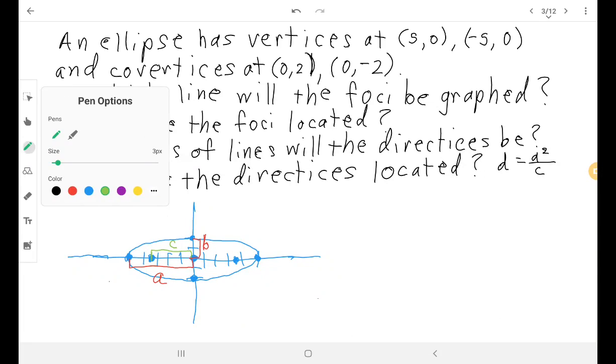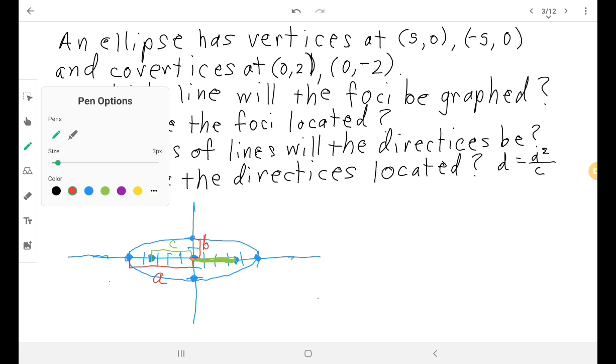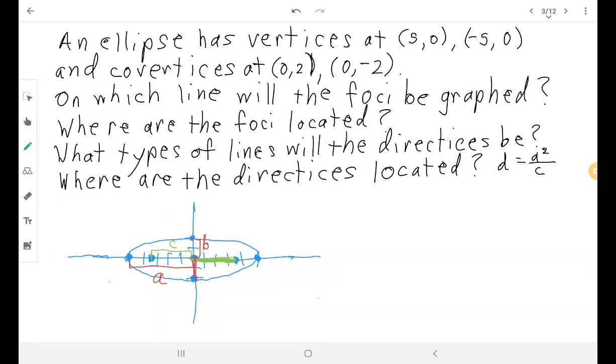If you do the C distance right there, and the B distance right there, and you create a hypotenuse for a right triangle out of that, that distance is also A. That is one of the fundamental definitions of what it means to be an ellipse.